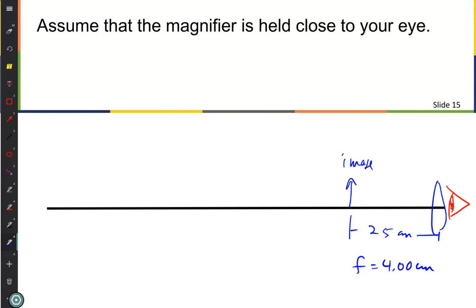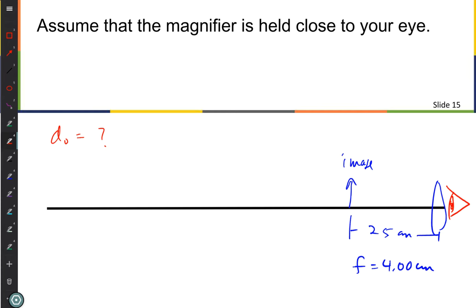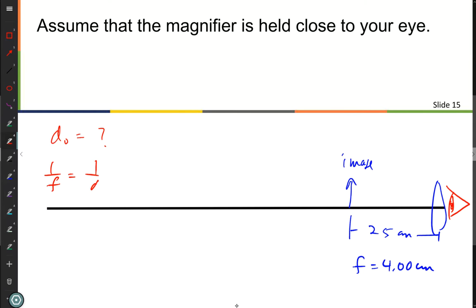So how would you answer the first part, where is the object? Okay, it's going to be in front, and Gila gave us the equation for doing that, right? 1 over focal length is equal to 1 over distance object plus 1 over distance image. So solve that for distance object.